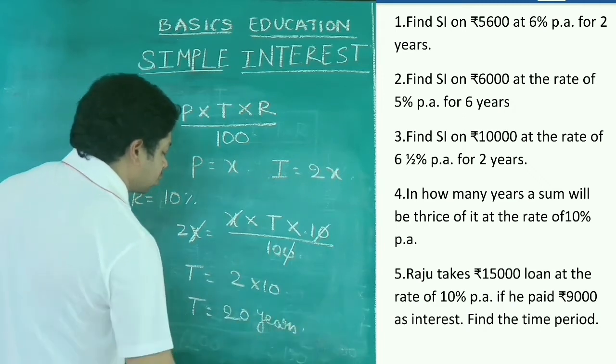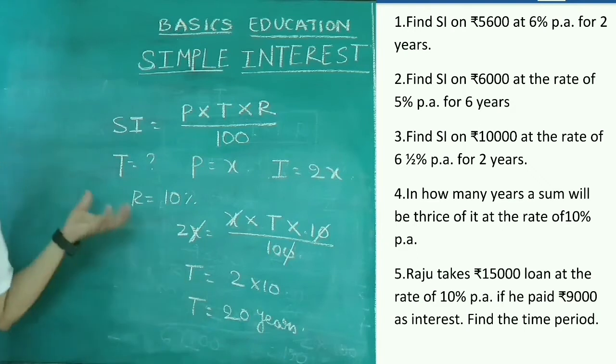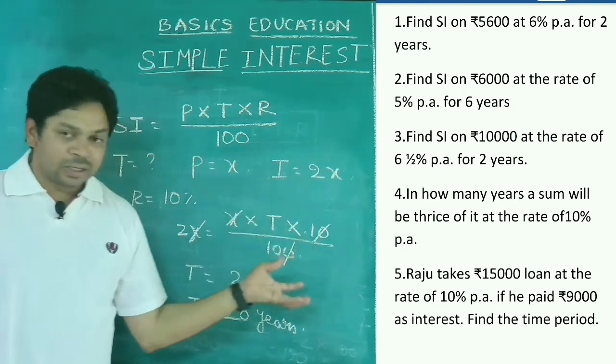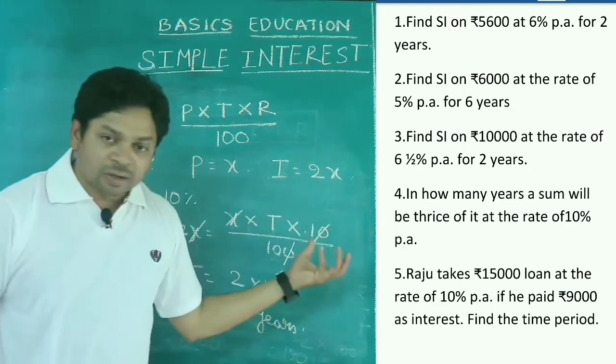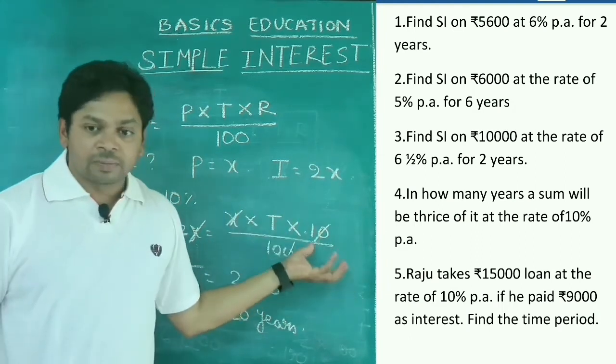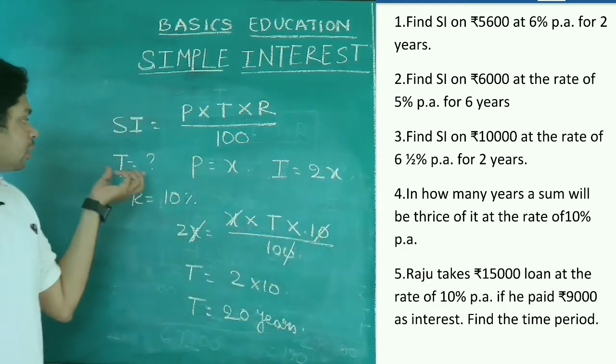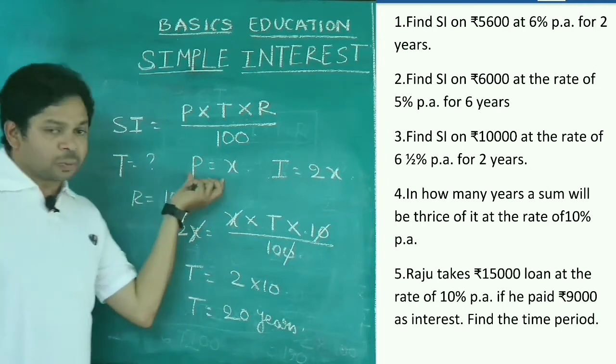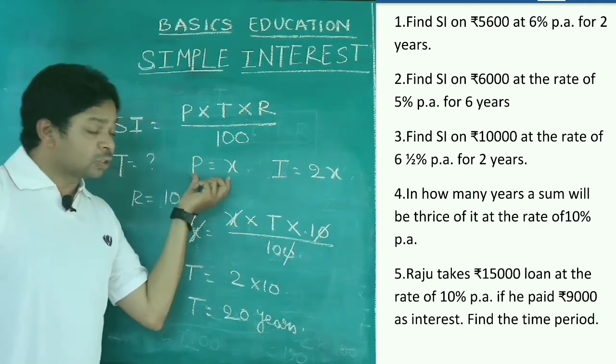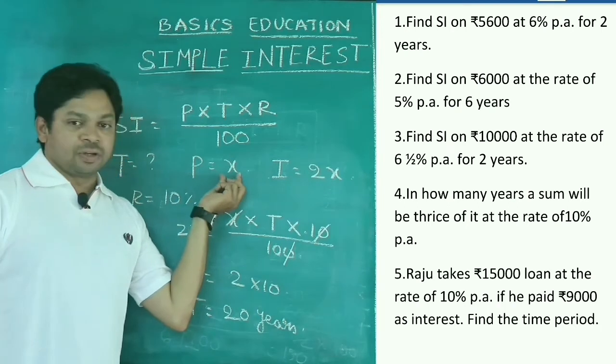Again I will explain the problem. Okay, in how many years a particular sum will be thrice at the rate of 10% per annum. So the time period he is asking, and the principal we have to know, we know that the principal should be x, and I equal to 2x. Why I equal to 2x?